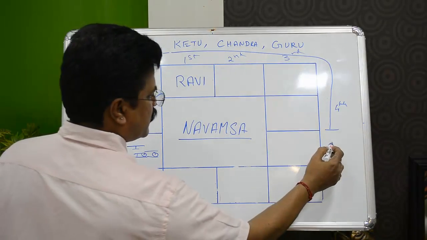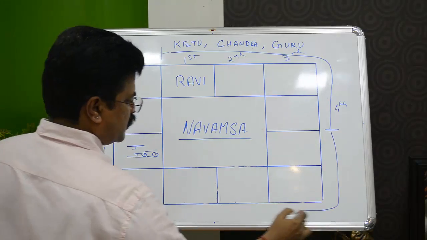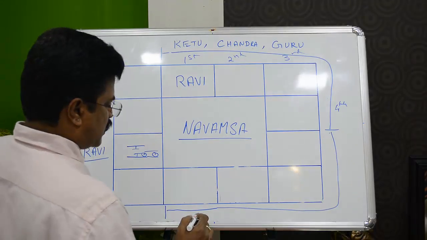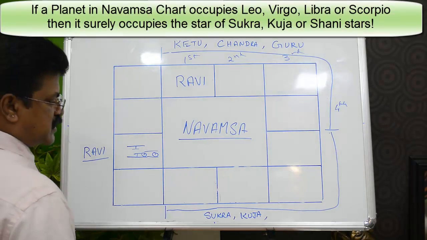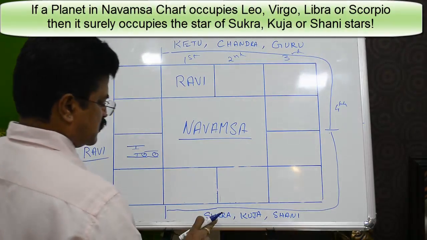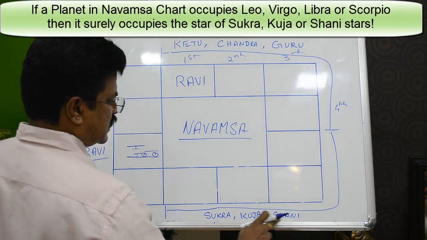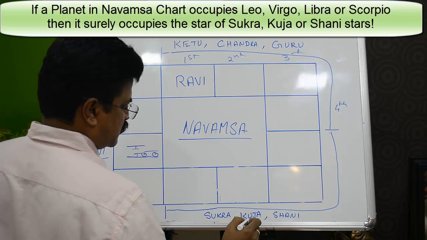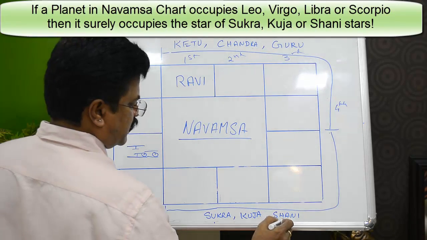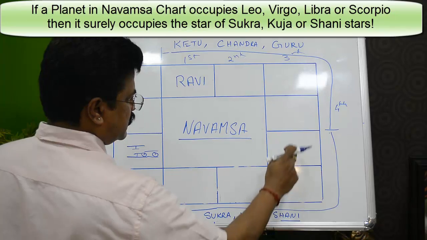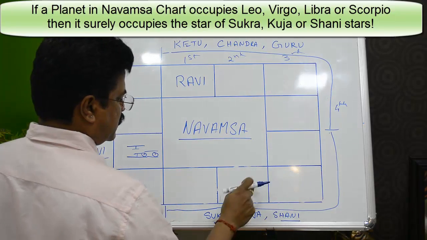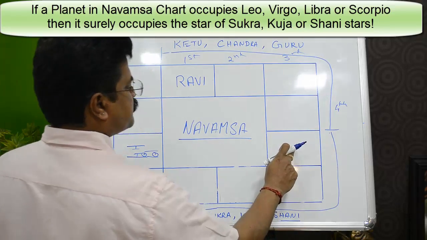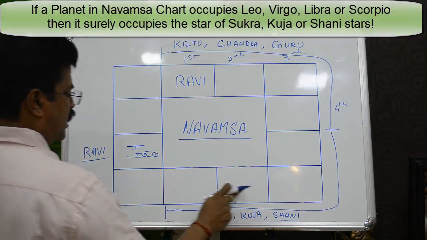In the same way, from here to here, the possible stars are Shukra, Kuja and Shani stars. So Venus, Mars and Saturn. If the planet occupies the star of Shukra or Venus, Mars or Saturn, then you will find them over here in the Navamsa chart, only in these places. That is Simha, Kanya, Thula and Vrishchika.